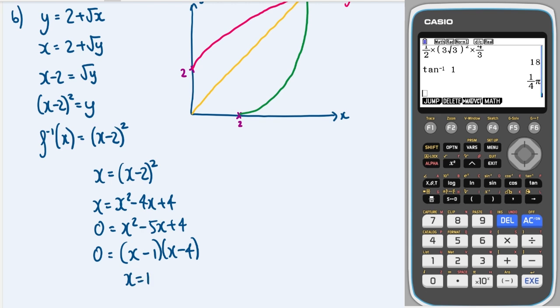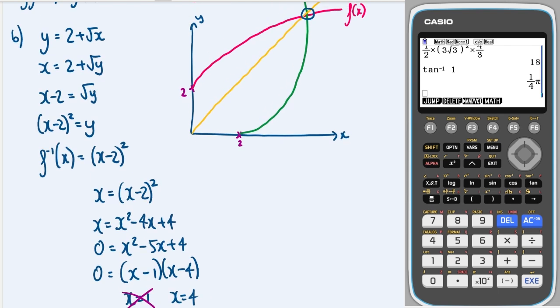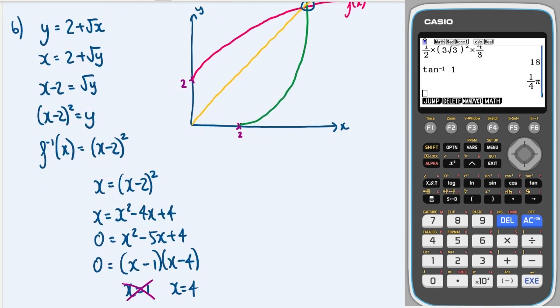So we're going to get x equal to 1 and x equal to 4. But we're going to have to reject x equals 1 because remember, like we said, the inverse function does not take values which are less than 2. So x equals 4 is the only solution.